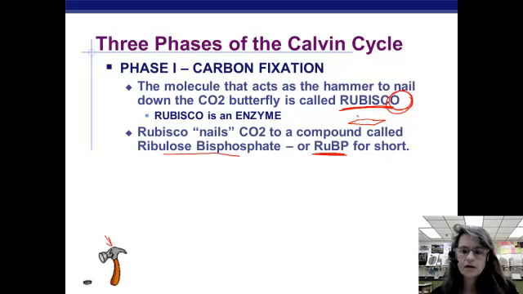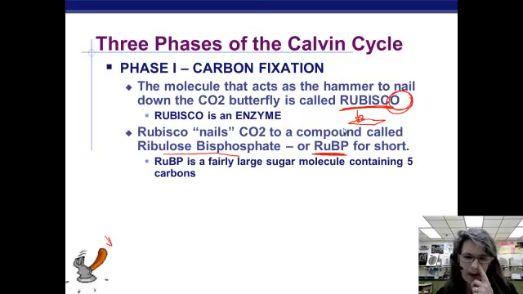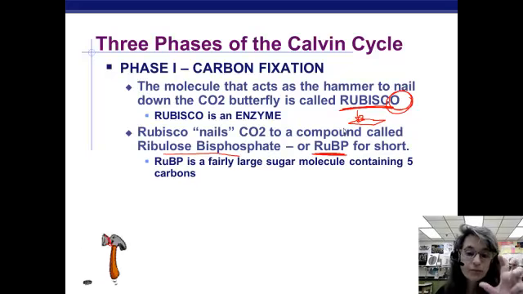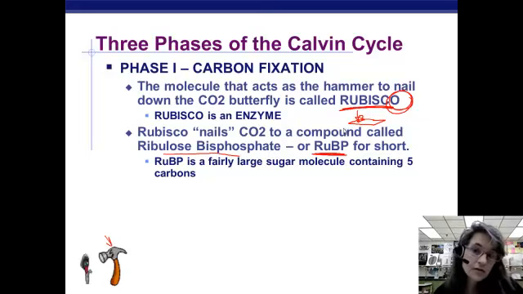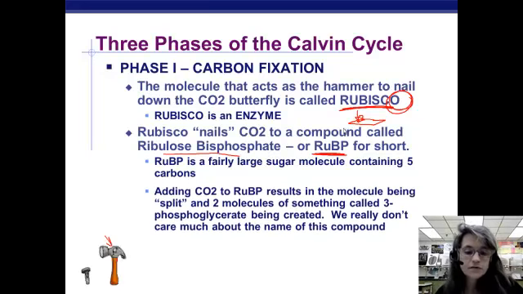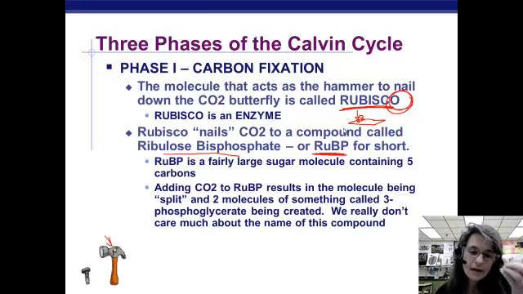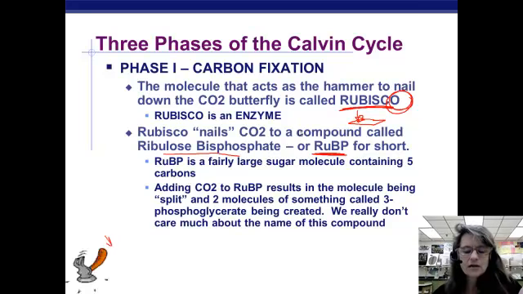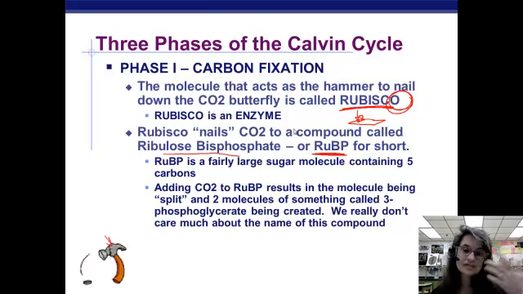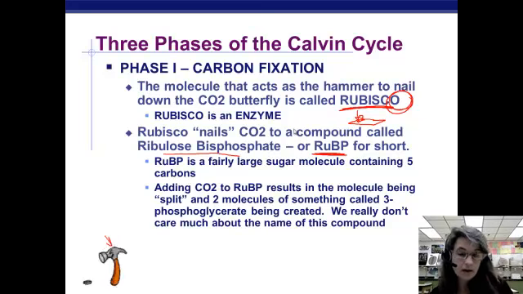Rubisco is the nail, and we're going to nail the poor little butterfly to the board, and it won't go anywhere after that. Okay, RuBP is a pretty big sugar molecule. It's a 5-carbon sugar molecule, so like a pentose sugar molecule. So it's pretty big. And what happens when we add CO2 to it, it would turn that into a 6-carbon molecule.